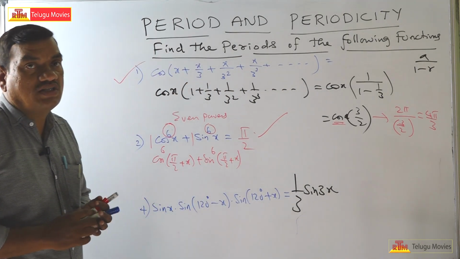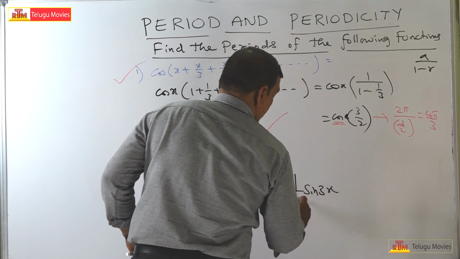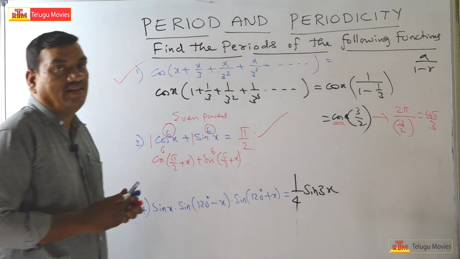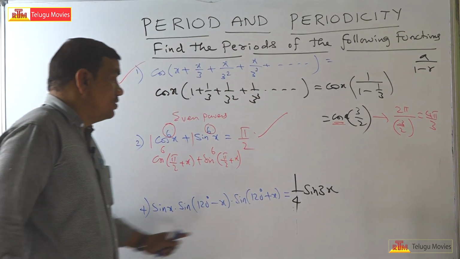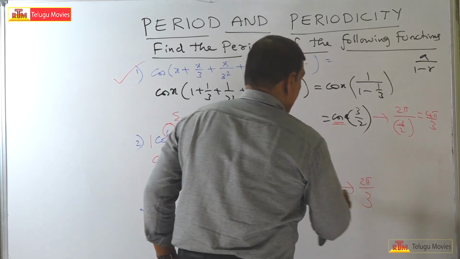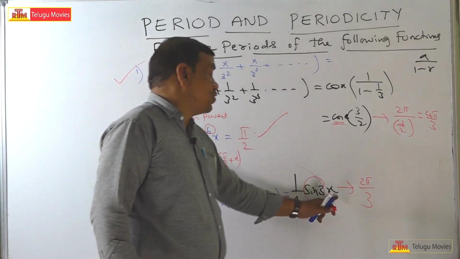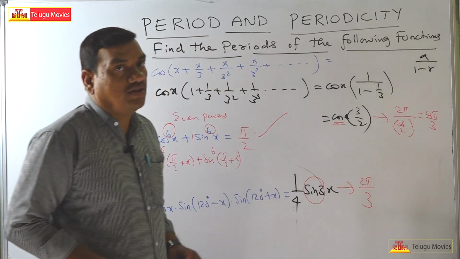Now, what is the period of this function? For the sine function, the period is 2 pi upon the x coefficient, which is 3, so 2 pi upon 3.